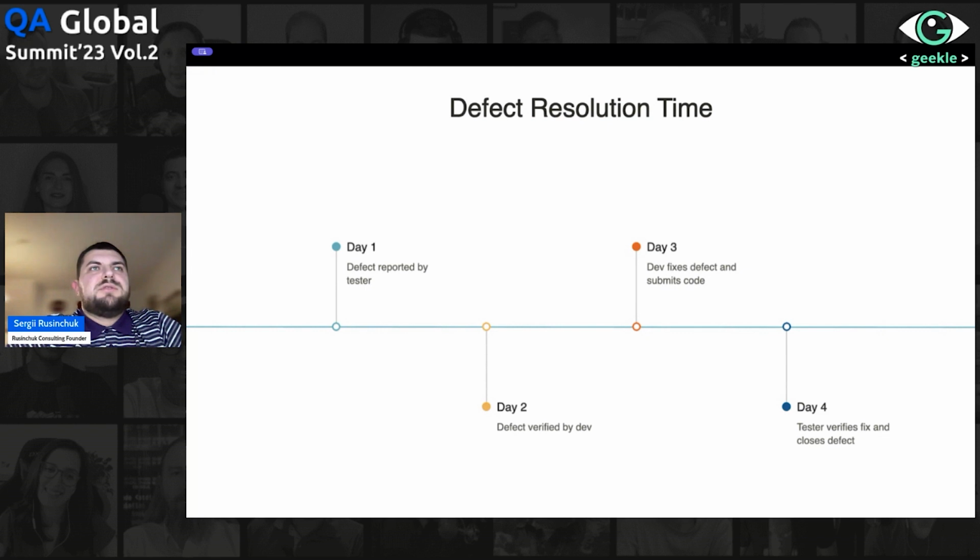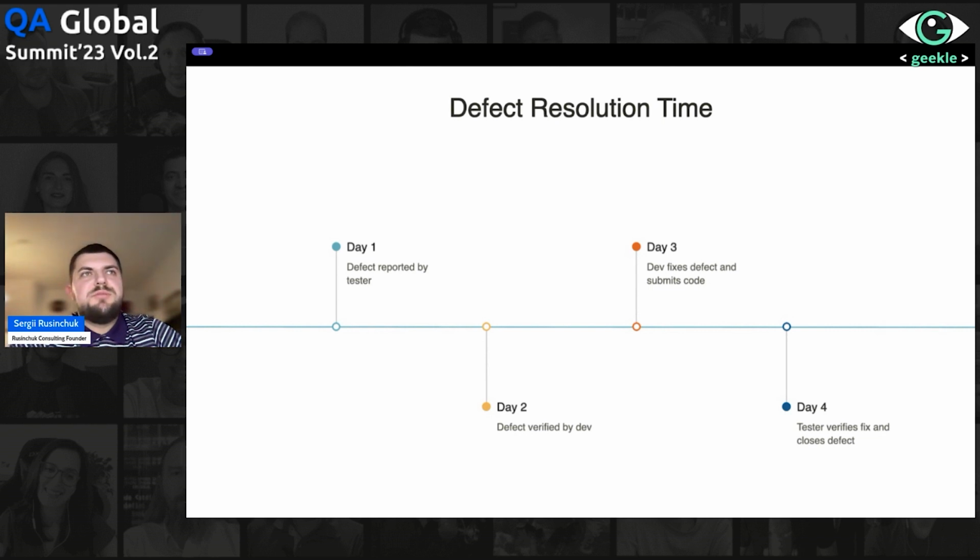Let's move forward to the next slide and our next KPI, which is defect resolution time. Everyone knows how fast we can resolve any defect, bug, or issue, it doesn't matter. That's better for your customers, and it is a key metric of the work of your development team. So we are tracking here how long it takes to fix this or that defect.